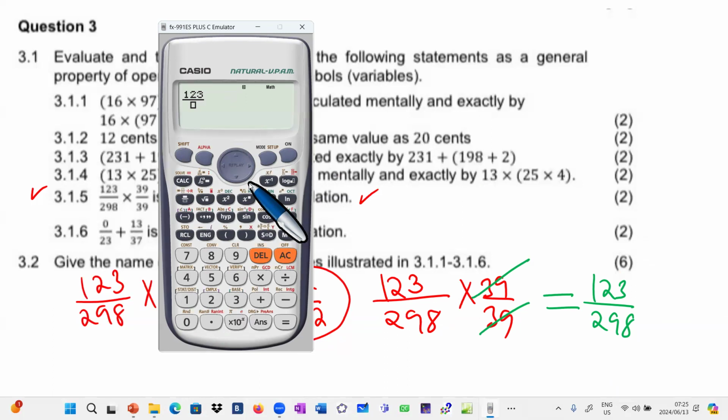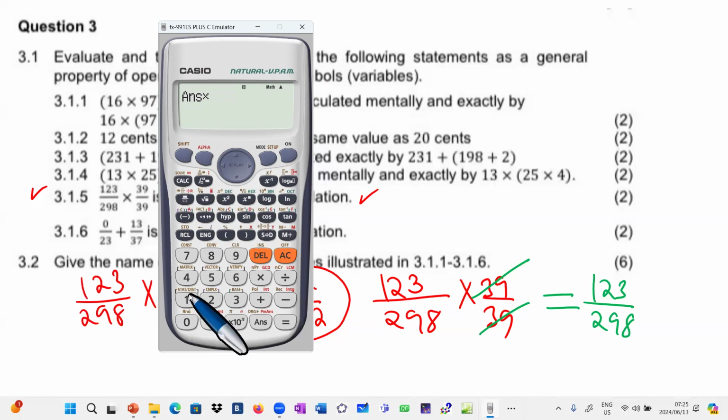Once you press the equal sign, the 123 out of 298 does not reduce, does not simplify, it remains the same.